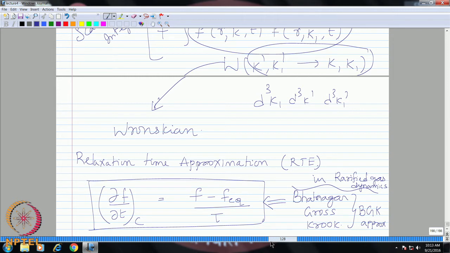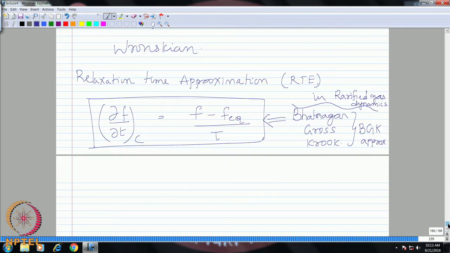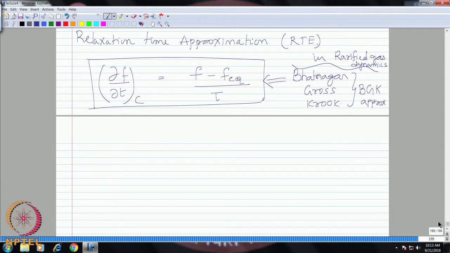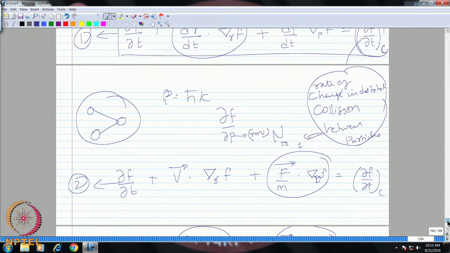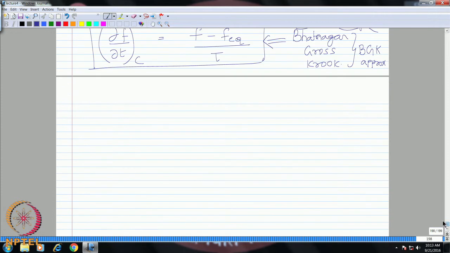But what this physically signifies is that if you put this back into the Boltzmann equation, for example as we have written here, and substitute in place of the right hand side, and you ignore all your advection terms, that is the rate of change of position, and in case there is no external force, there is no change in the momentum also.